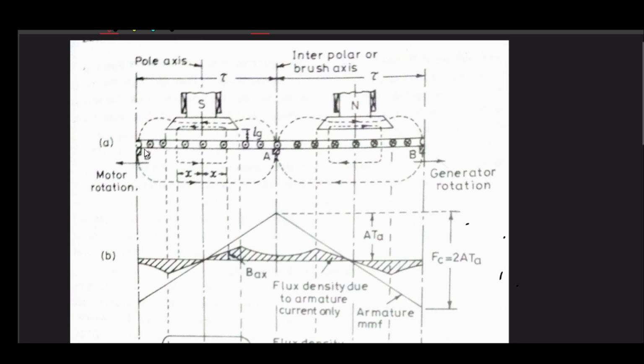But if you consider the armature MMF, this is our armature MMF, and you can easily find it from this. If this is the center of the coil, then a higher value of x will allow you to consider more conductors, and more conductors means your N will increase.